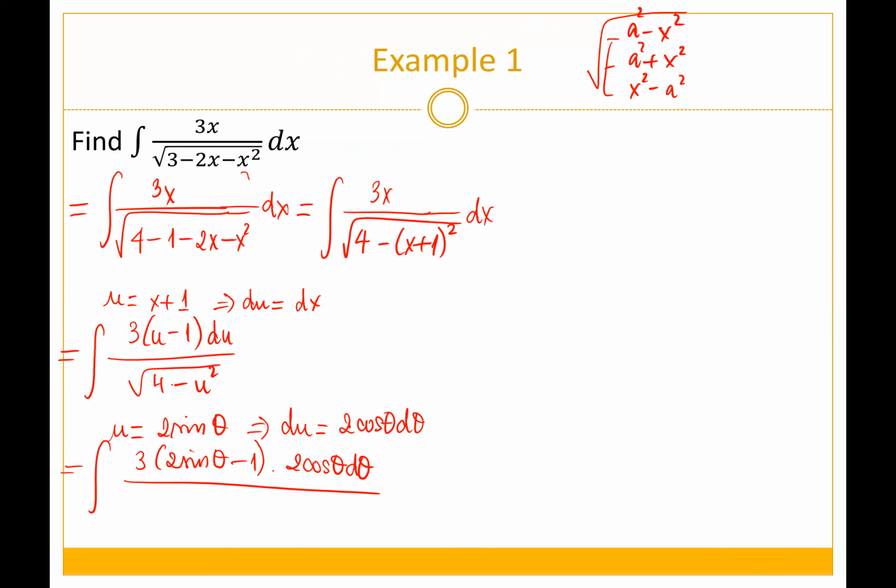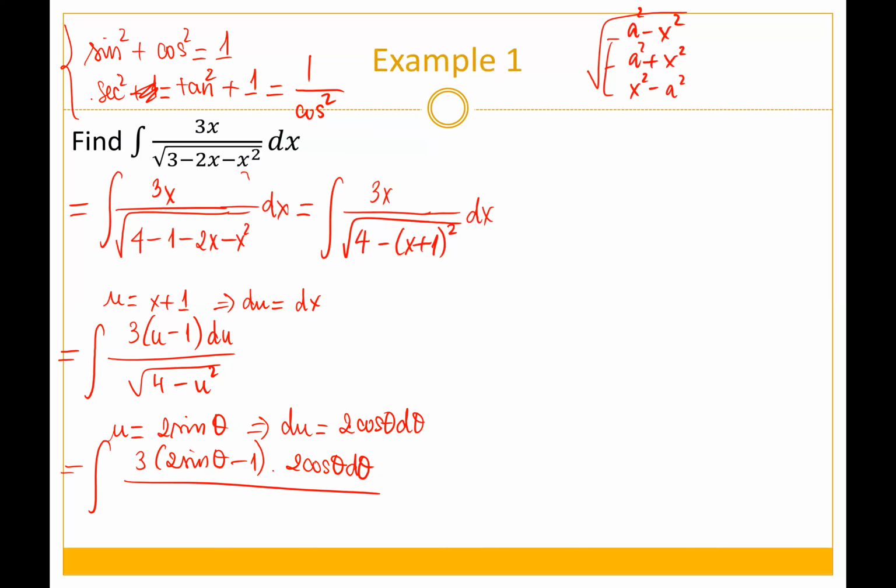One of the things that I forgot to mention is that you also use sine squared plus cosine squared equal to 1, and secant squared is equal to tangent squared plus 1, equal to 1 over cosine squared. These are the additional relations that you are going to use to solve this type of problem.